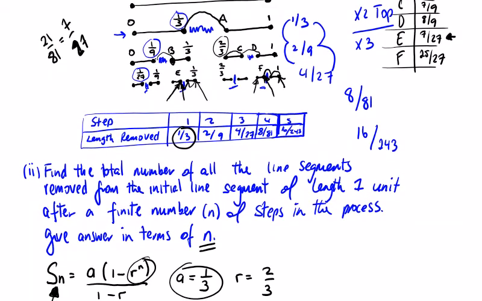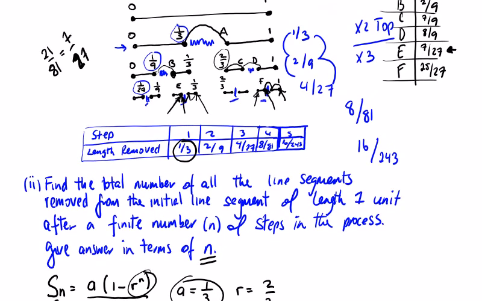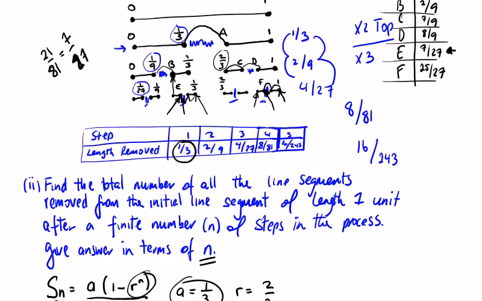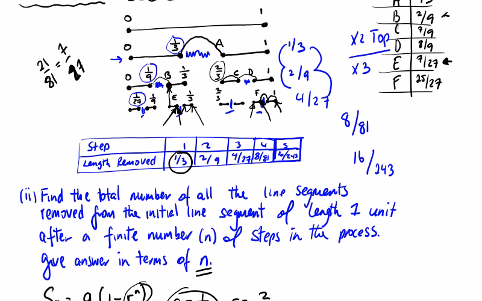So point E was here, and then there was a jump. Point B was above this one, and point B was 2 over 9. So we have 2, that's 18 over 81 for B.